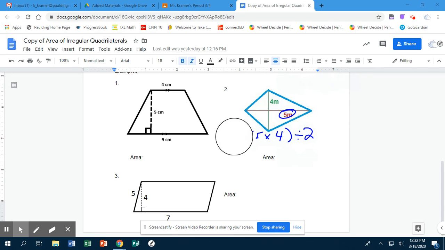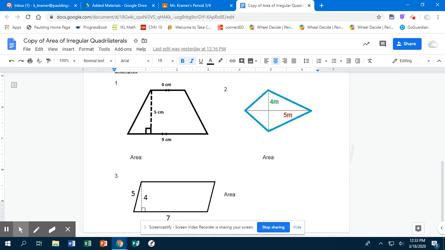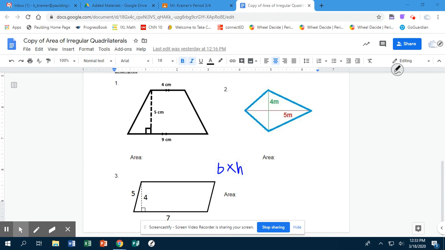Now let's do parallelogram. Parallelogram can get a little confusing because sometimes you might get more than one value. So if we look down here, we have our parallelogram. Parallelogram is just base times height. So let's start with the base. The base is obviously the bottom portion. It is 7. So it's going to be 7 times the height.